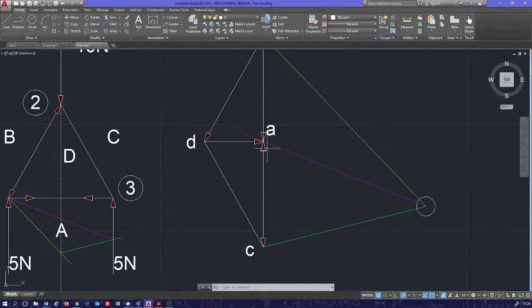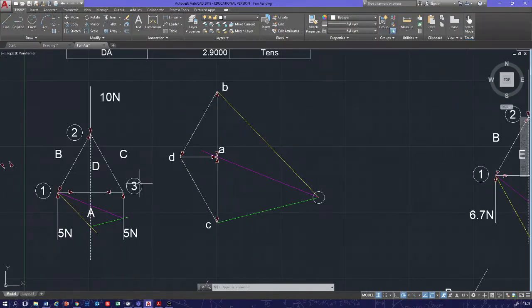So we know that C to A is going up. So we've got our up arrow there. And we know that A to D is going to the left. So we need to put a left arrow in. Okay, so let's do that. But what have I pressed?